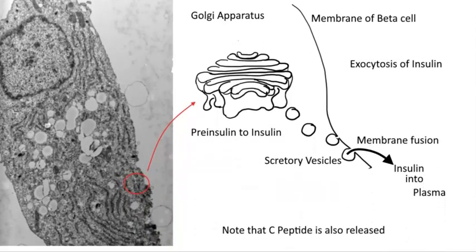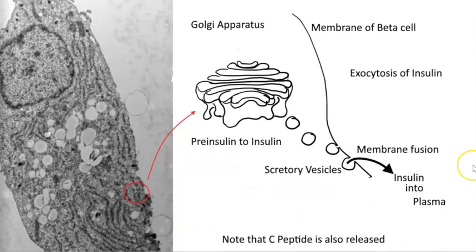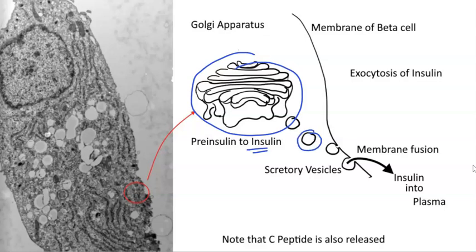And then we step back to look at what's going on here, so that the Golgi apparatus then will have the insulin packaged in secretory vesicles, which will come to the cell membrane, merge with the membrane, and deposit the insulin into the plasma.